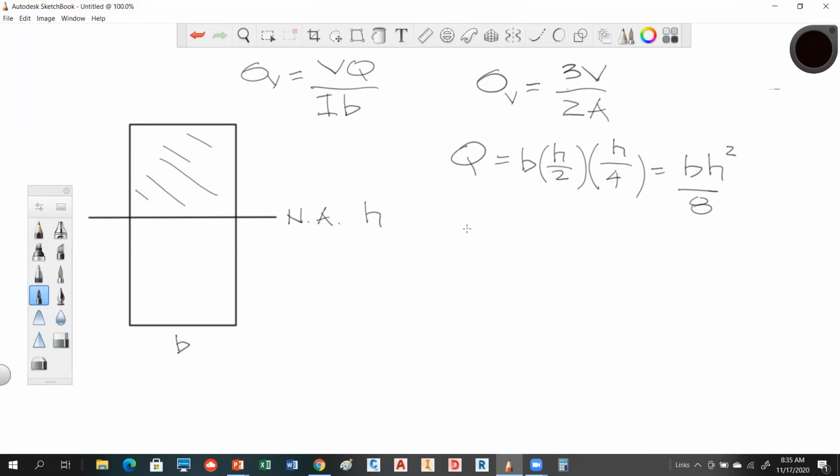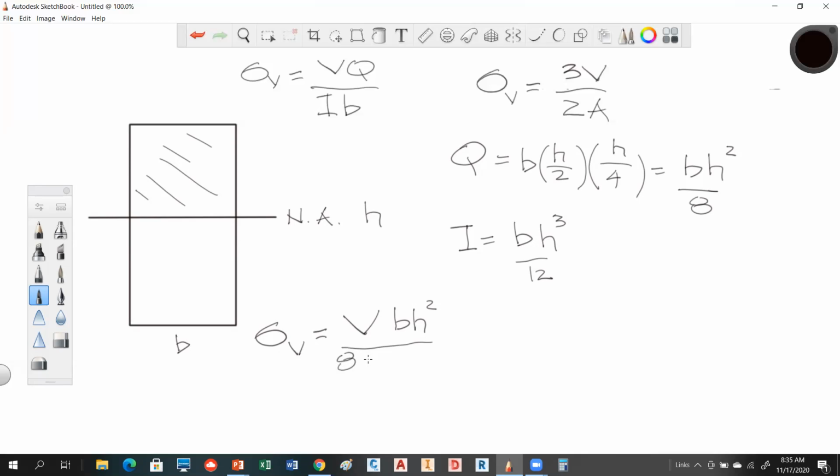So what is the definition of I for a rectangle? It's 1/12 the base times the height cubed. If we plug these two values back into this equation, what we wind up with is this. We have V times base times height squared, and I'll bring the 8 down here.